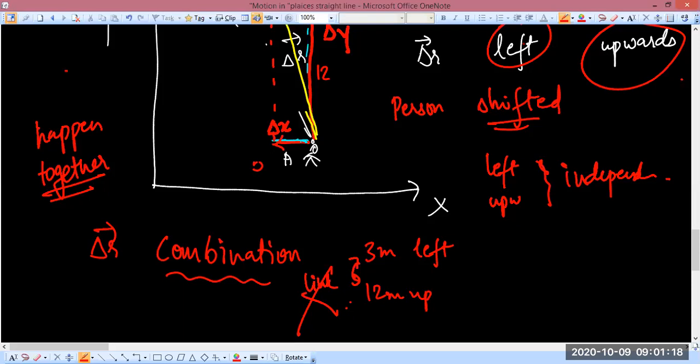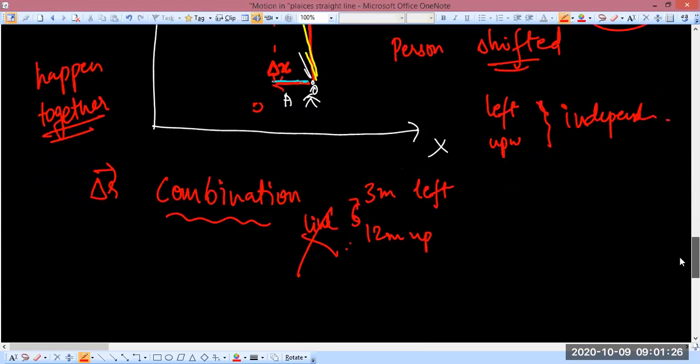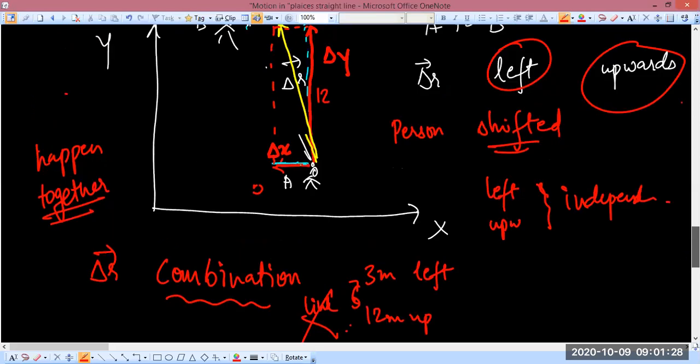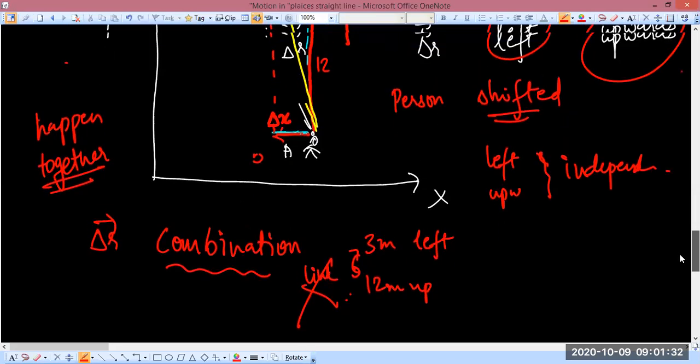Okay, Vedant, you're asking, can we write north and everything? No, I'd say now that we have learned all this, unless it is given in the question, please always write i caret j caret. Unless it is given in the question, we will write i caret and j caret.